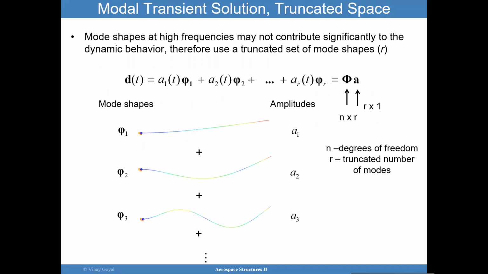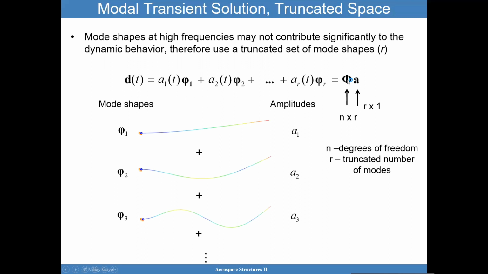Because we already stated that if the forcing frequencies were very high compared to the natural frequencies of interest, then you can truncate the modes to only include the modes that you really need. So again, it's very important to understand that. So what if we use a truncated set of modes? I'm not using the full set, just a truncated set.